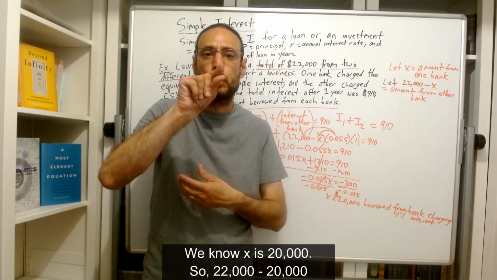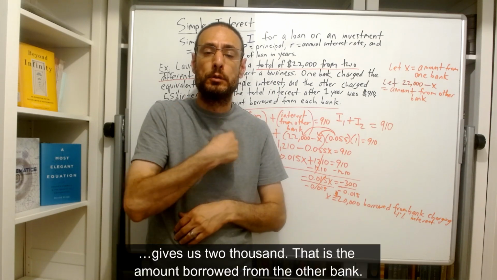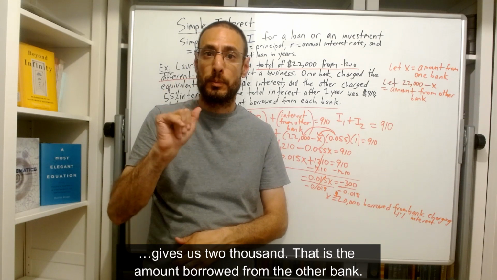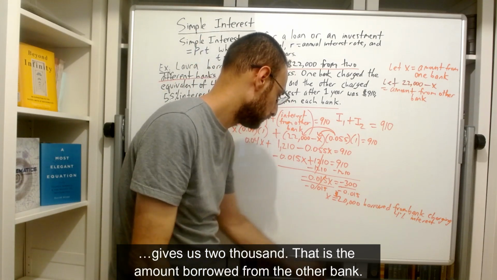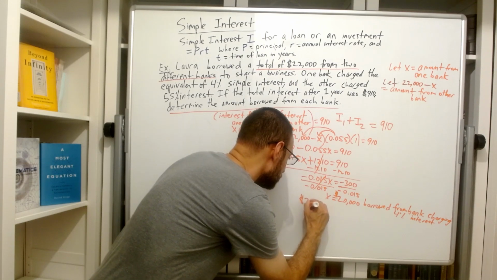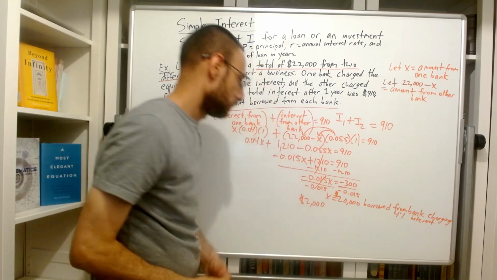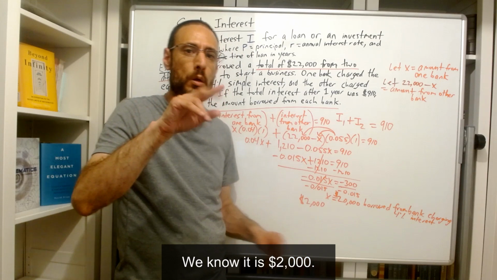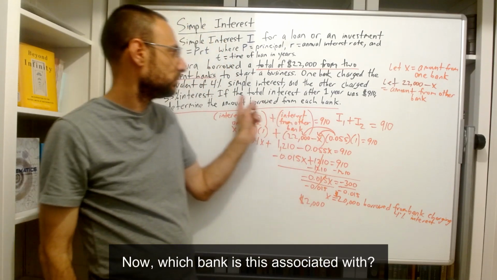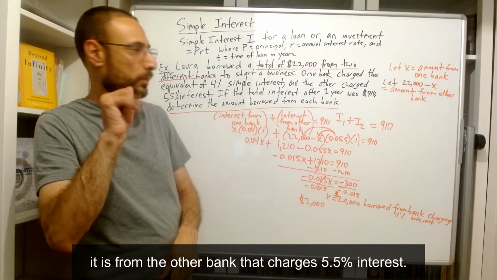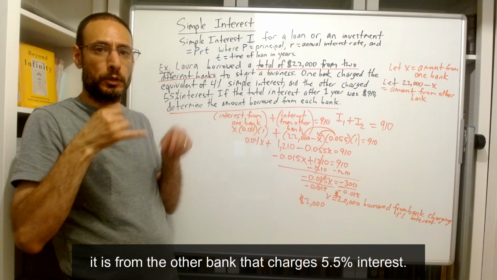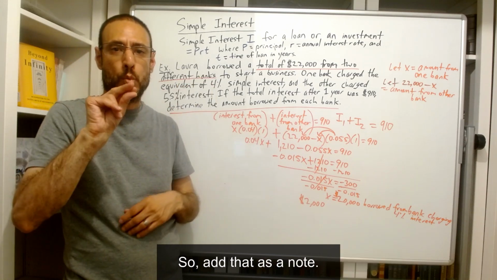So, 22,000 minus 20,000 gives us 2,000. That is the amount borrowed from the other bank. We know it is $2,000. Now, which bank is this associated with? It is from the other bank that charges 5.5% interest. So, add that as a note.